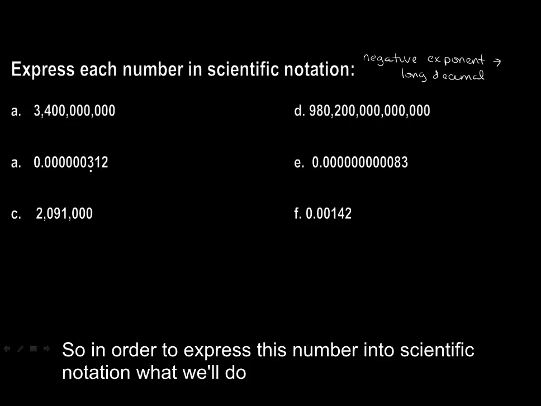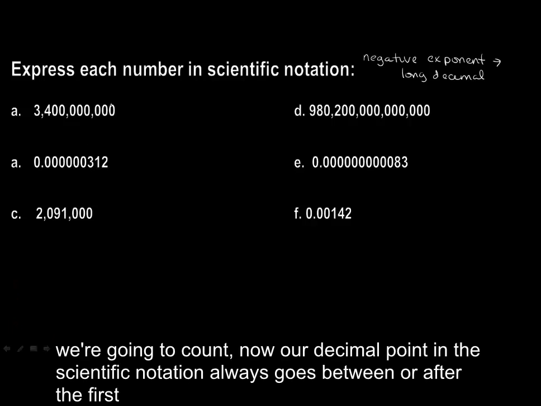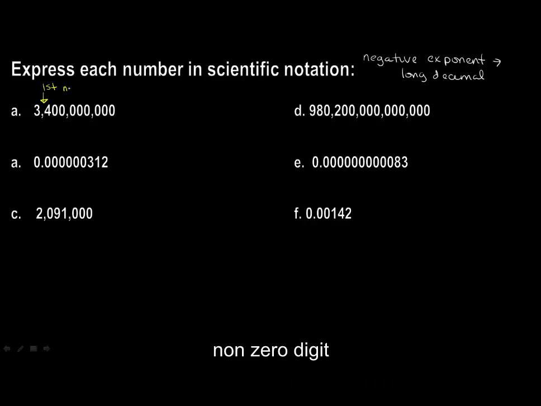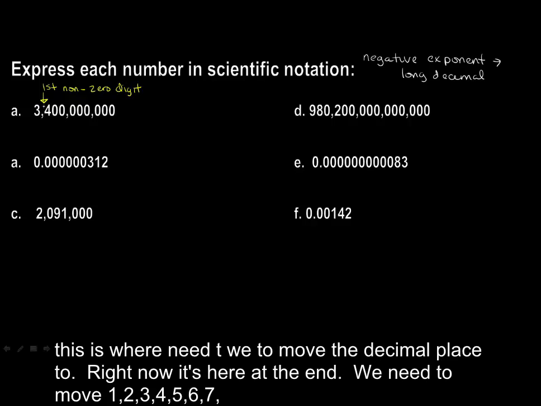So in order to express this number into scientific notation, we're going to count. Now our decimal point in scientific notation always goes between or after the first non-zero digit. This is where we need to move the decimal place to. Right now it's here at the end.